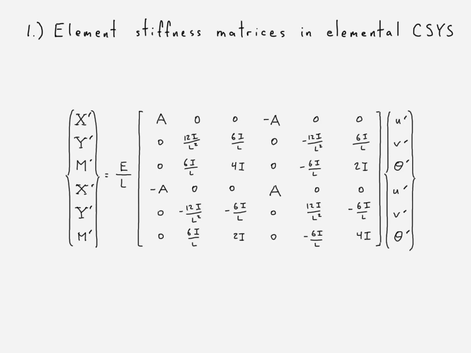Still working with elemental stiffness matrices. First, in the elemental coordinate system, here is our baseline equation for a frame element in its elemental coordinate system. But first we're going to review the truss element. So we have nodes 1 to 3. We change those in the subscripts. Area A1.